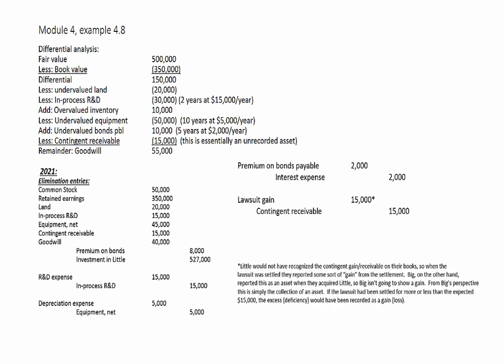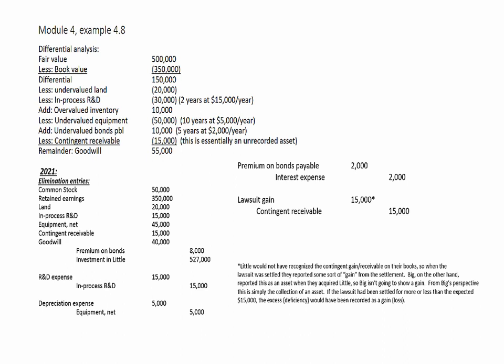And by the way, if the lawsuit had been settled for more or less than the expected amount of $15,000, the excess or deficiency would have been recorded as a gain or a loss. So let's say the lawsuit was settled for $20,000. In that case, from Big's perspective, there would be a $5,000 gain. They were expecting $15,000 and they had accrued a receivable for $15,000.